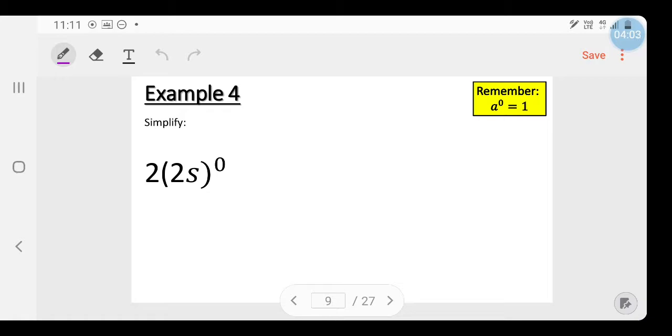Well, anything in brackets to the power of 0 equals 1. So it wouldn't matter how long that was. It could be 2s squared plus 16w plus whatever. So long as that whole thing was in brackets and there was a 0 next to it, that bracketed part would equal 1. Okay? So this part equals 1. And this means 2 times this part. So 2 times 1, which equals 2.